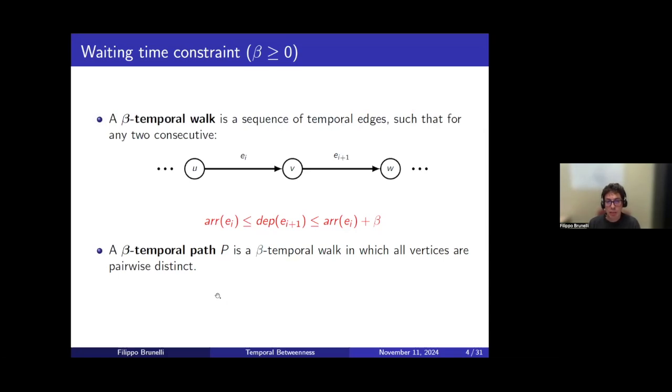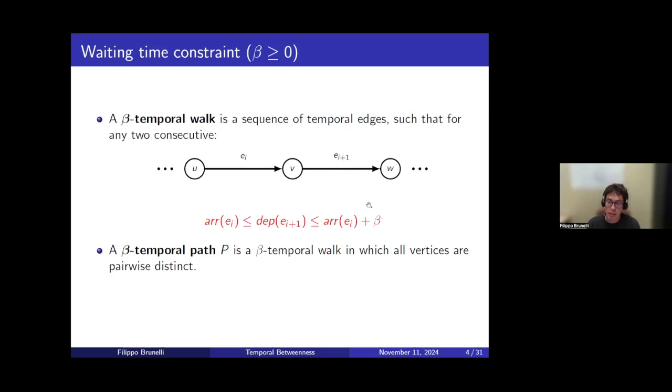We have what we call a beta temporal walk, which is a sequence of temporal edges, such that for any two consecutive ones, other than the more classical type of constraints, so of course the tail of the second edge has to be the head of the first edge, and the second edge has to depart later or at the same time as the arrival of the previous one, but the second edge cannot depart more than beta units of time after the arrival of the previous edge.